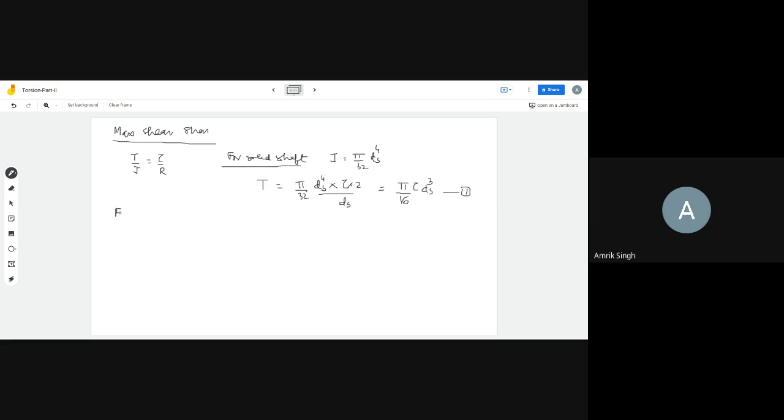So for the hollow shaft, J is equal to J hollow, which is equal to pi upon 32 times (DO to the power 4 minus DI to the power 4) divided by D. Okay.